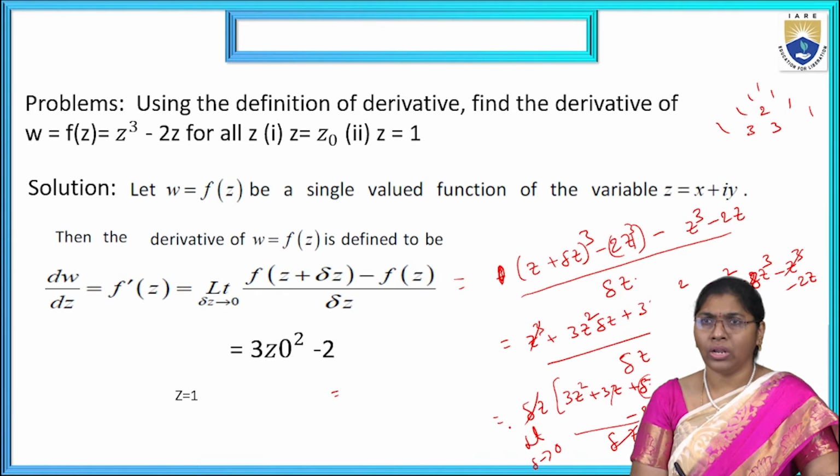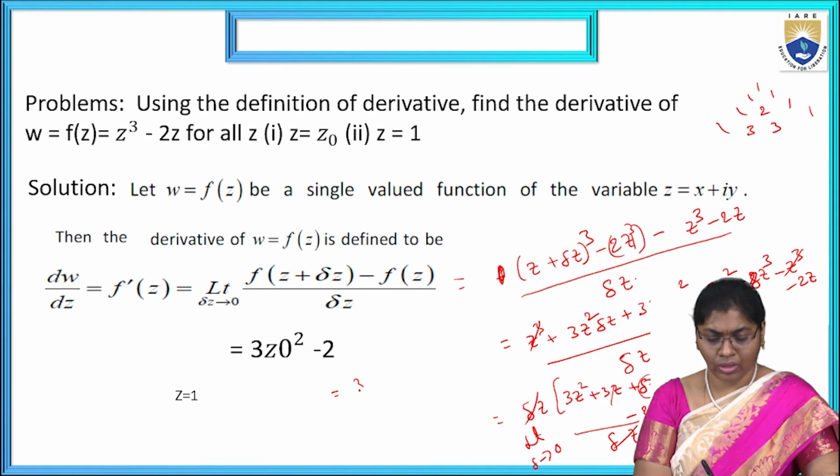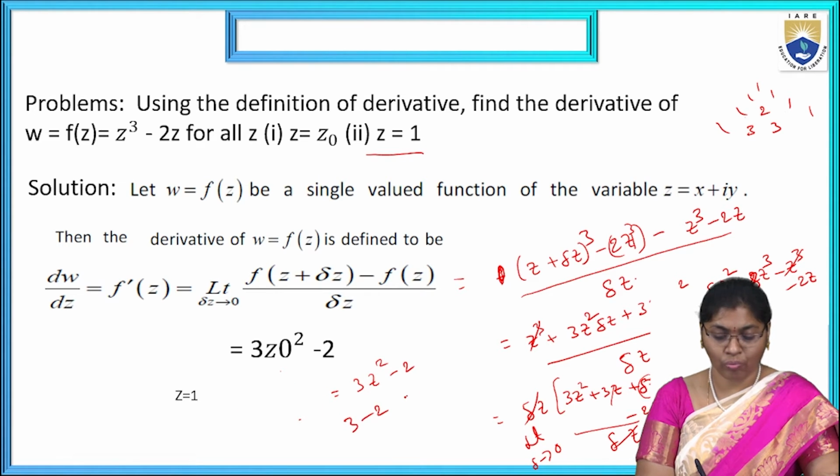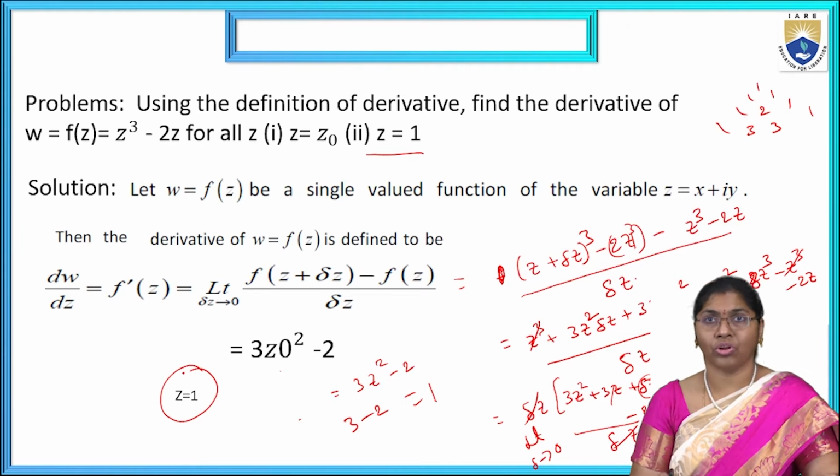Total we get only 3Z square minus 2. This is the solution. Now another part is Z equal to 1. Here we are substituting Z equal to 1 in this condition, that is 3 minus 2, we get 1. That is the final solution of the second part.